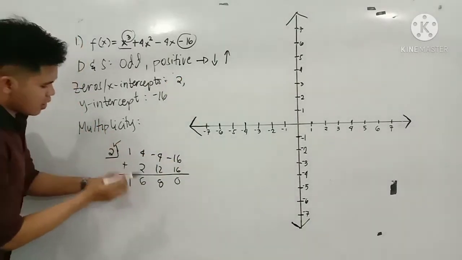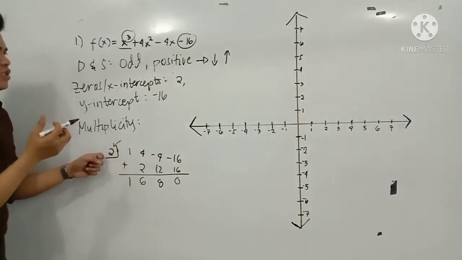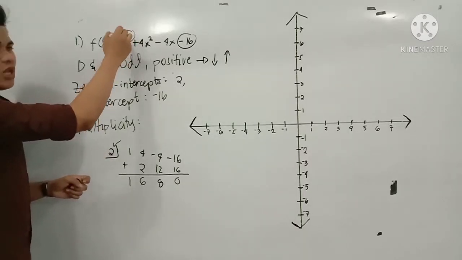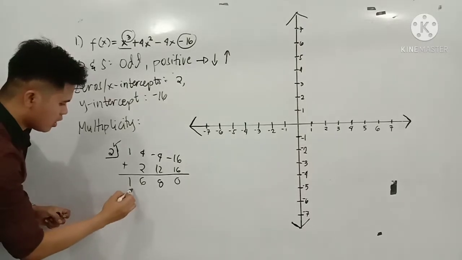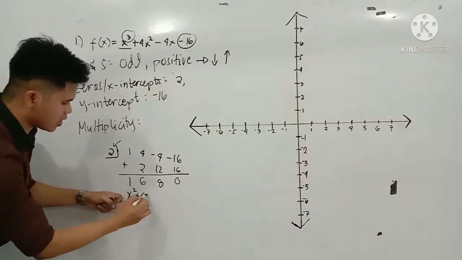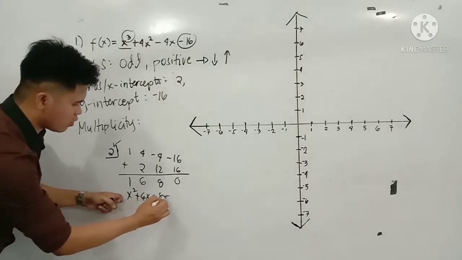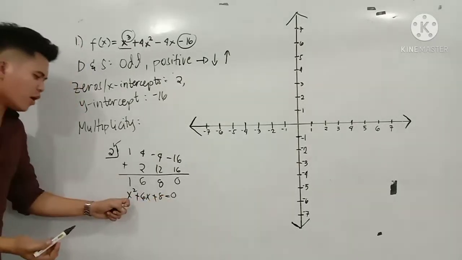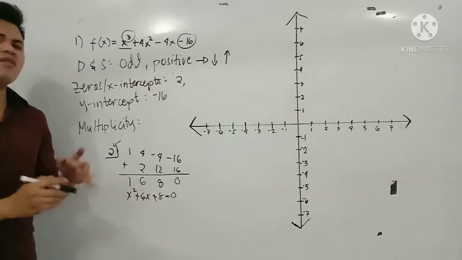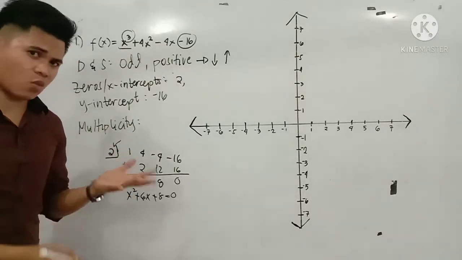But since we now have the first zero, we have to subtract 1 from the exponent. So it becomes a quadratic equation: x squared plus 6x plus 8 equals 0. And since we are dealing with a quadratic equation, we can use any method in solving it.